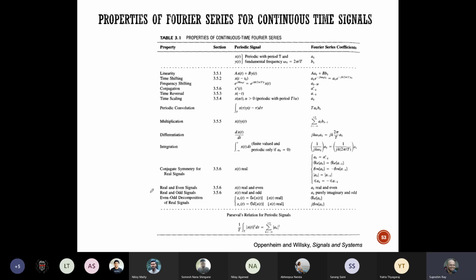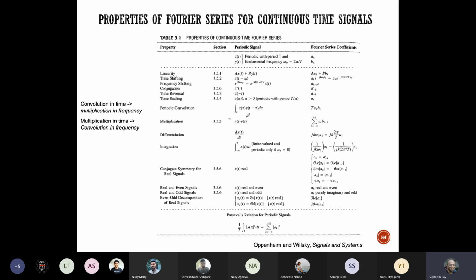I will go through a few of these. I think the coolest property, well, they're all sort of cool, but this one is very cool. It's that the Fourier transform converts convolution into products. And the Fourier transform of a product of two signals is the convolution of the coefficients.